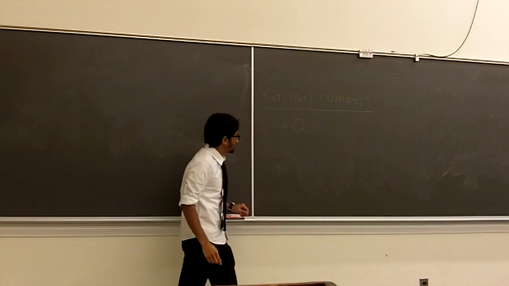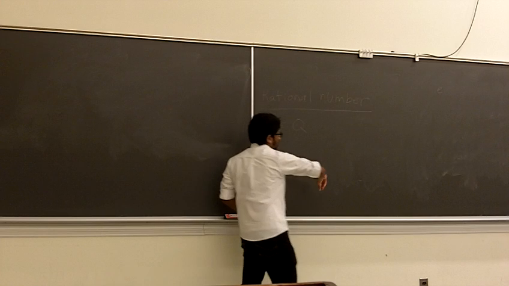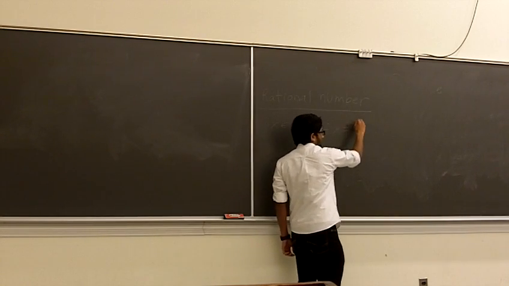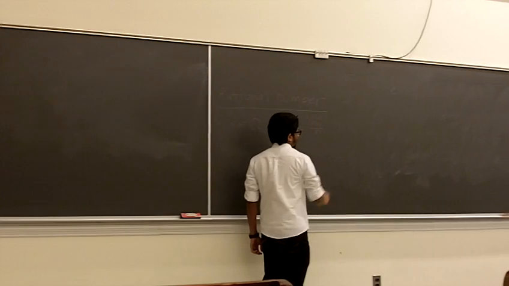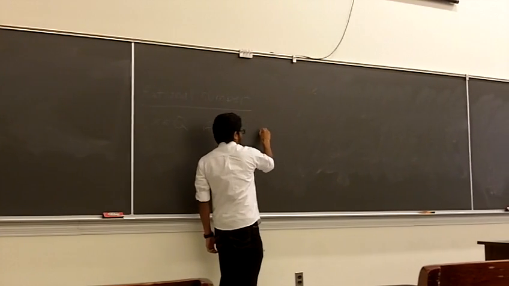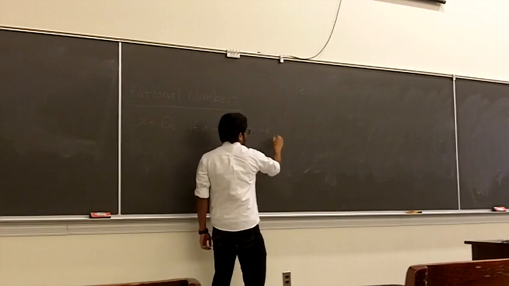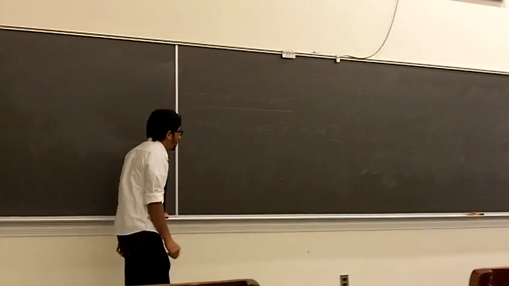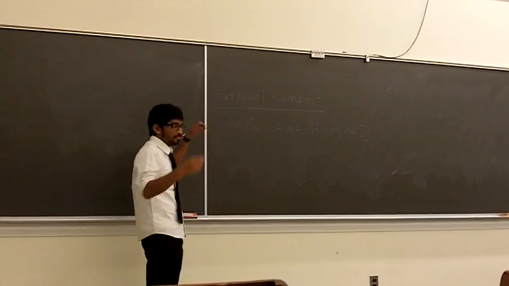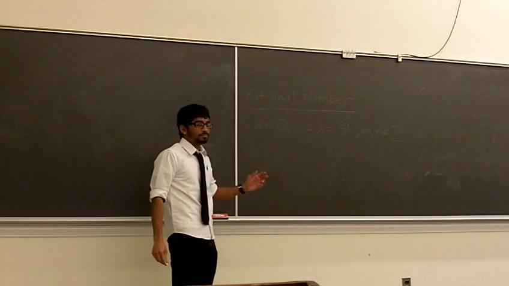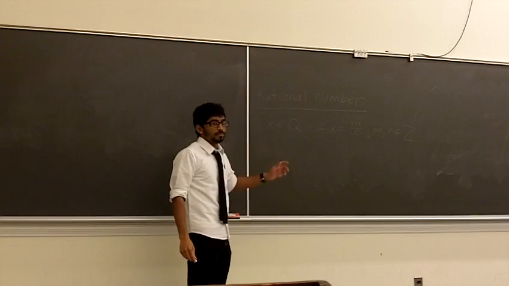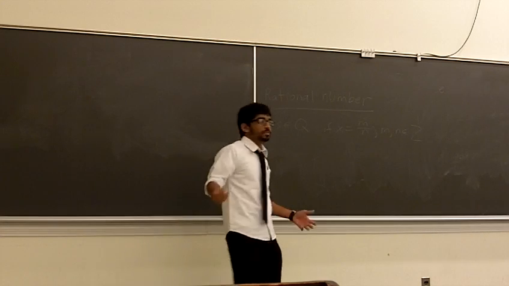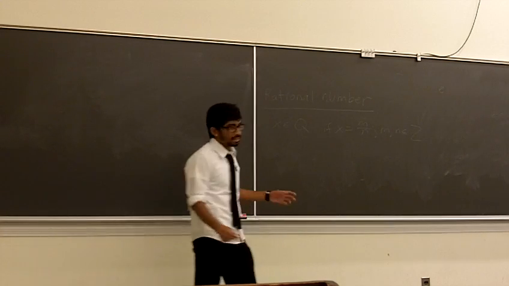Q is the set of rationals. X is a rational number if x equals m over n, where m and n are in the set of integers. We always want to take m and n in lowest form, so we want 1 over 2, not 2 over 4. And as we said last time, rational numbers satisfy those 9 axioms.